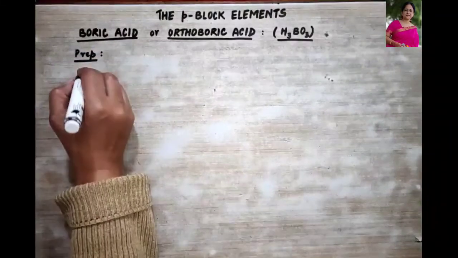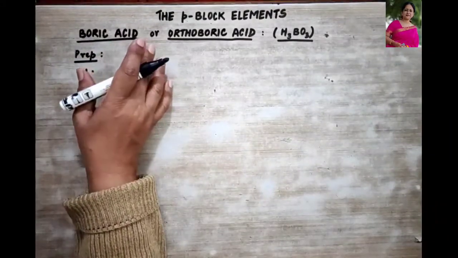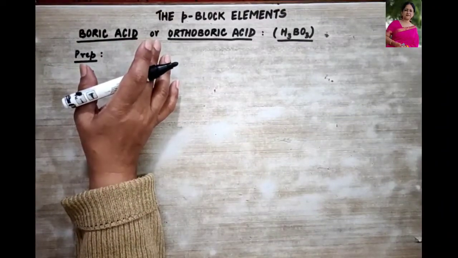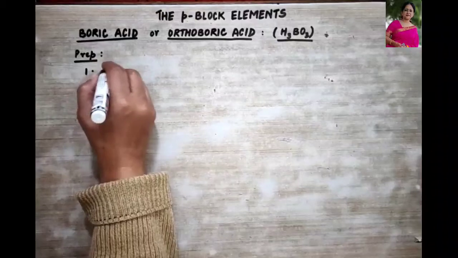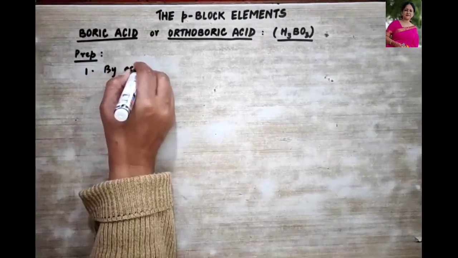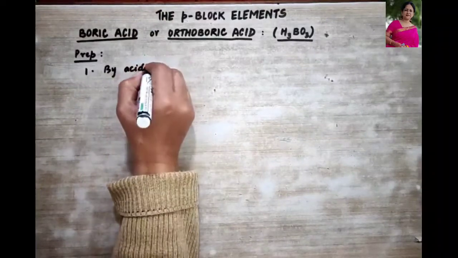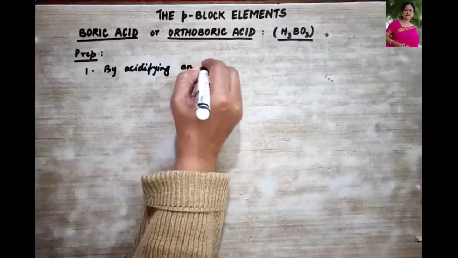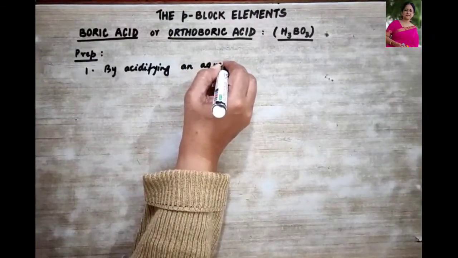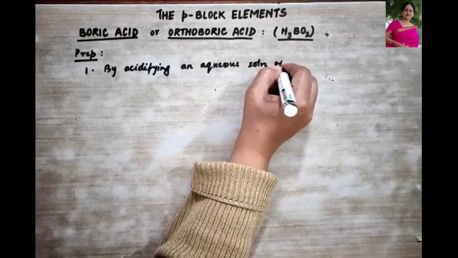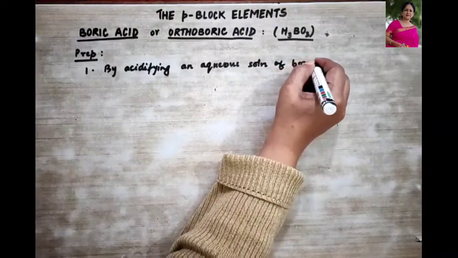Boric acid can firstly be prepared by acidifying an aqueous solution of borax. Okay. So first method, what did I say? By acidifying an aqueous solution of borax.